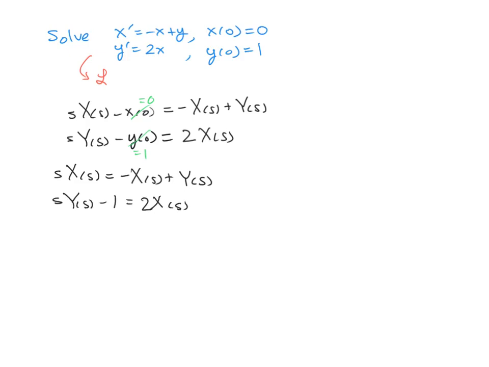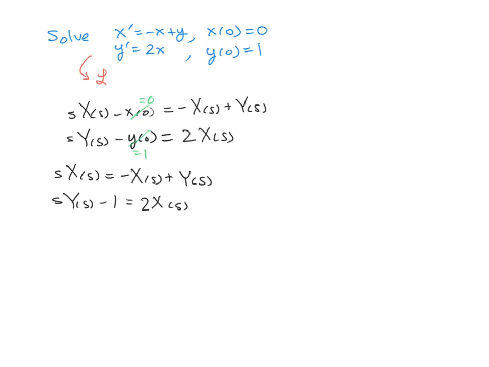And the next thing we're going to do is write this in matrix form. First step of that, of course, is to bring all of the capital X's and Y's to the left-hand side and bring all of the non-capitals to the other side.